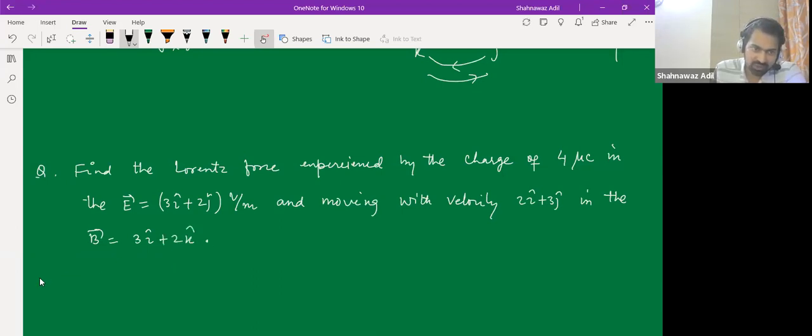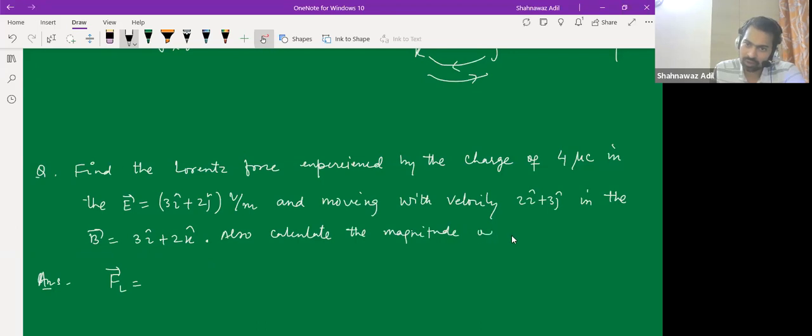So you guys calculate. The question is: calculate the Lorentz force. Please calculate and tell. Also calculate the magnitude of the Lorentz force.